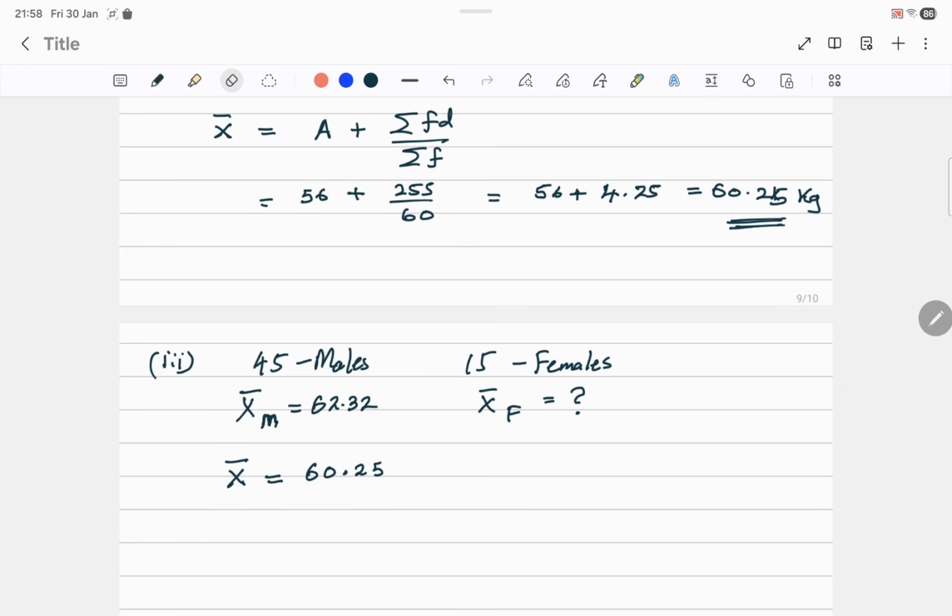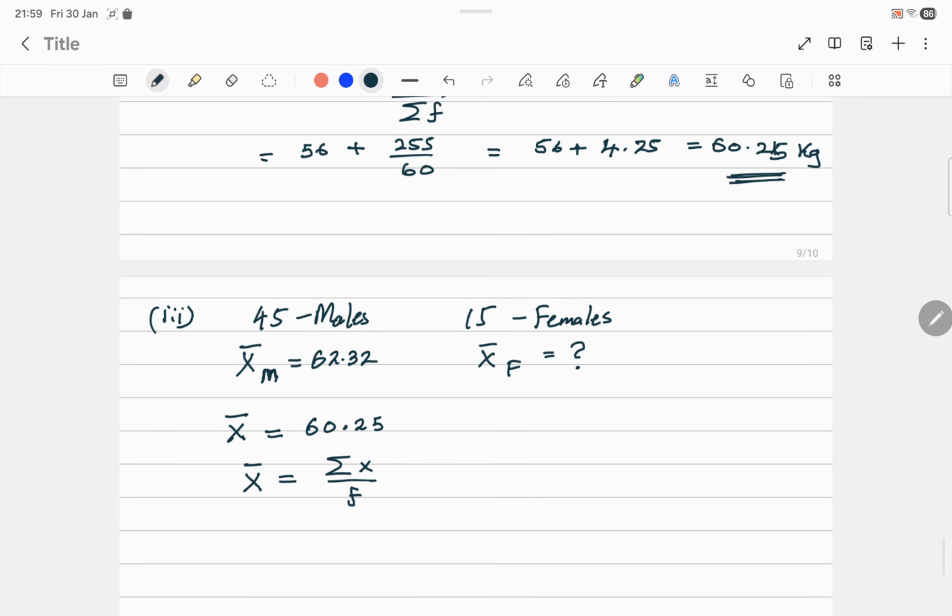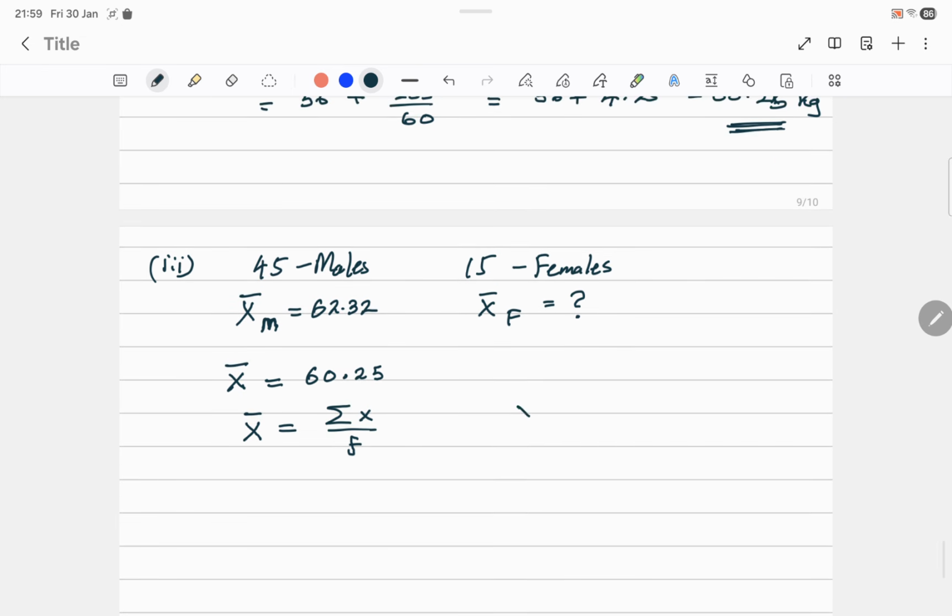We'll use the mean definition. Mean definition is what? X bar is sigma x over total frequency. So using that, and what is given to us, we know X bar m will be sigma of the males' weights together divided by 45.